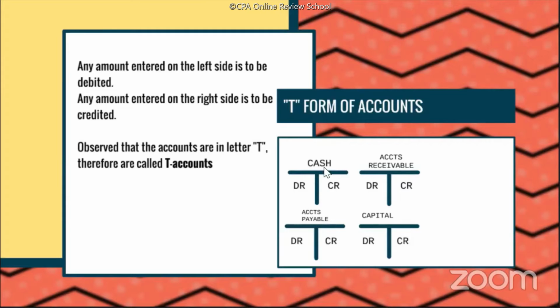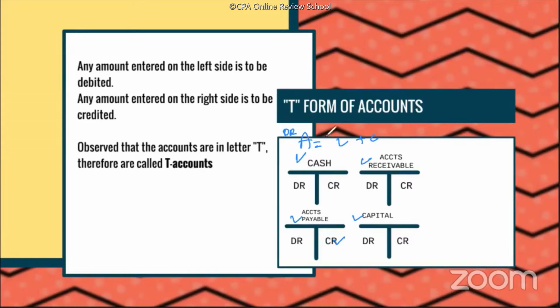Cash has debit and credit, accounts receivable has debit and credit, and accounts payable also has debit and credit, left and right. But the normal side of cash, accounts receivable, and assets is the left side, the debit. For liabilities and capital, the normal side is credit.